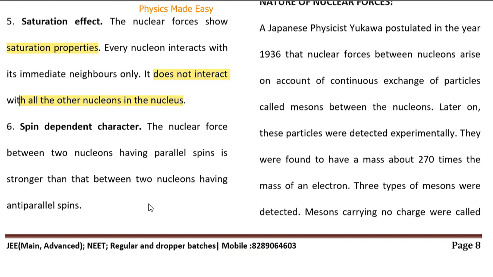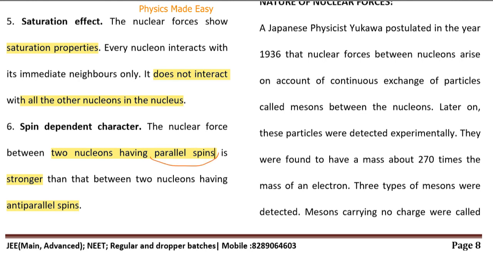Spin dependent character. The nuclear force between two nucleons having parallel spins is stronger than between two nucleons having anti-parallel spins.